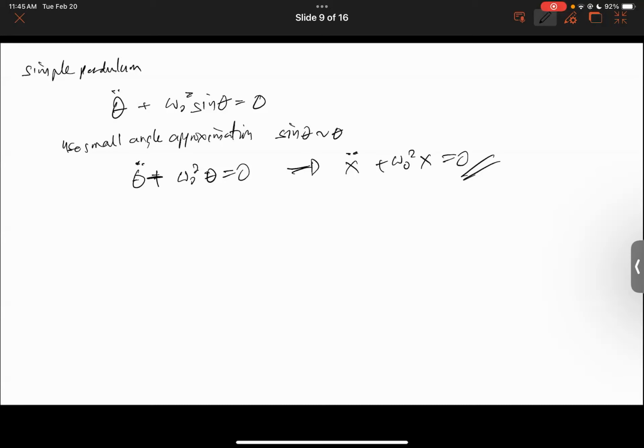Now with numerical techniques, you can actually determine kung ano yung solution using sine theta, okay, without having to deal with the approximation.